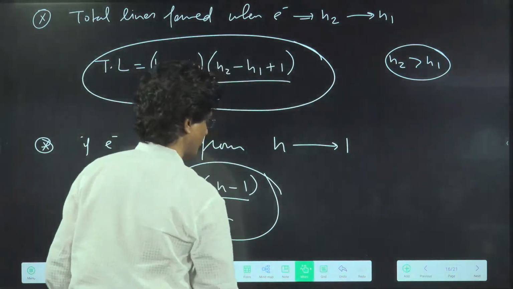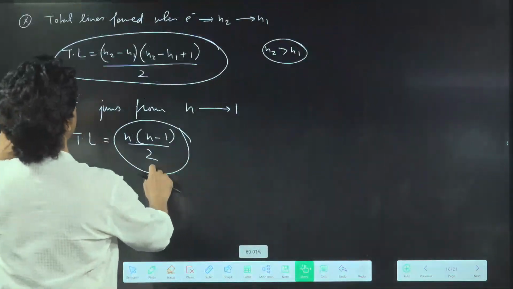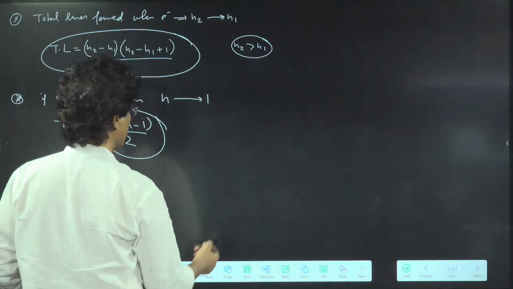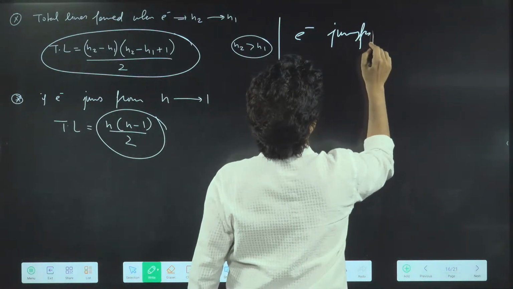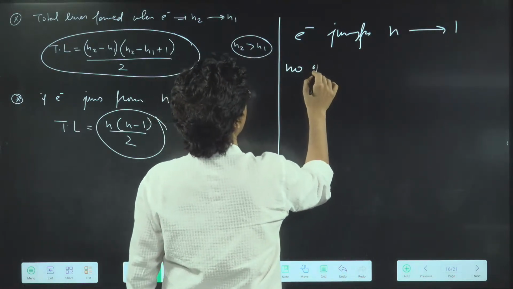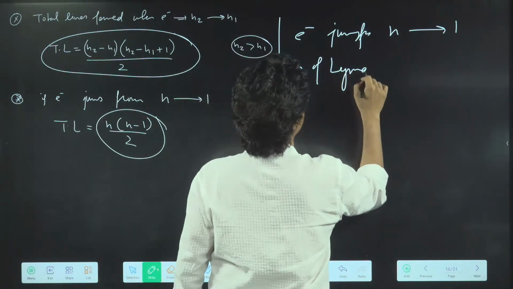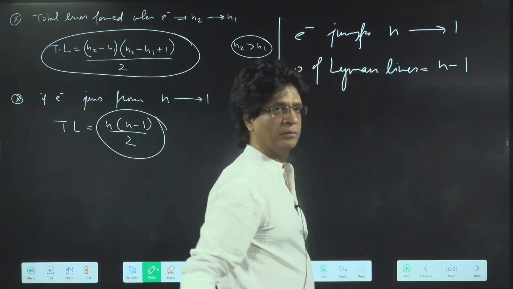Very good. Now see very quickly. What I'm saying is that the electron jumps from n to orbit number 1. The number of Lyman lines will be n minus 1. Please learn it.